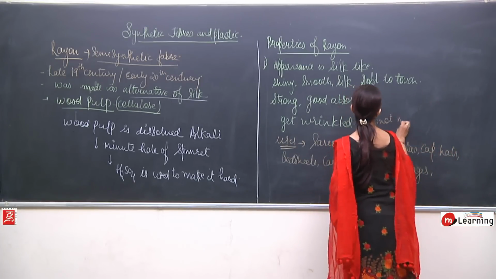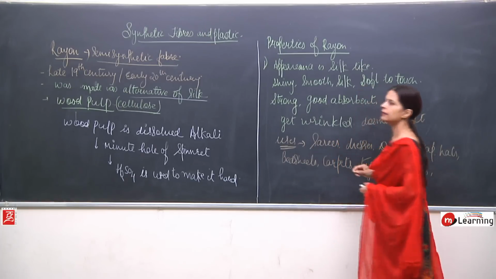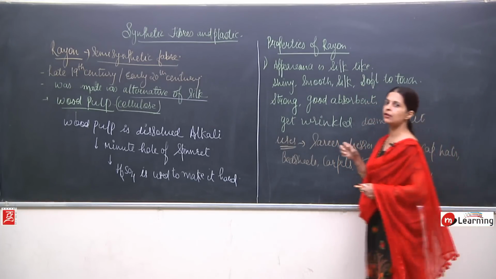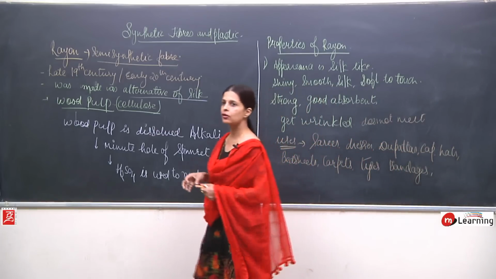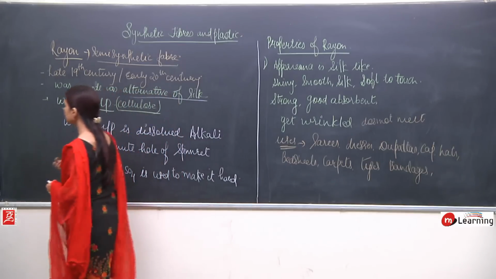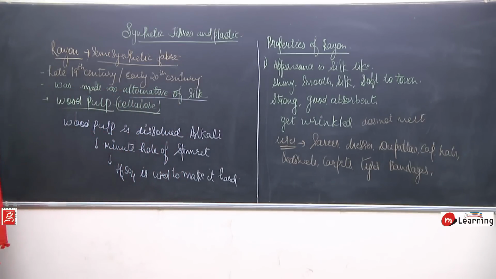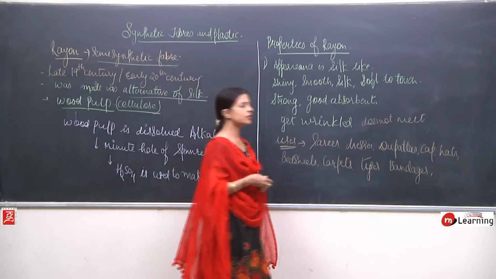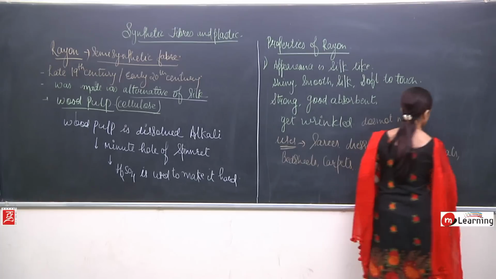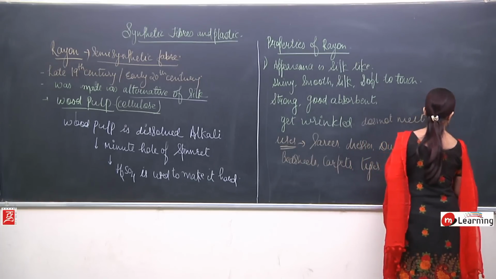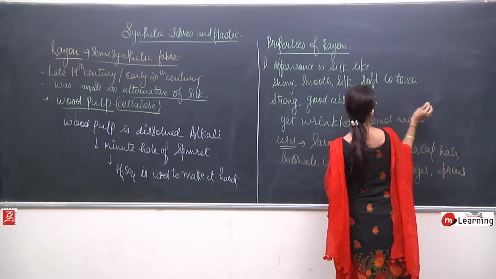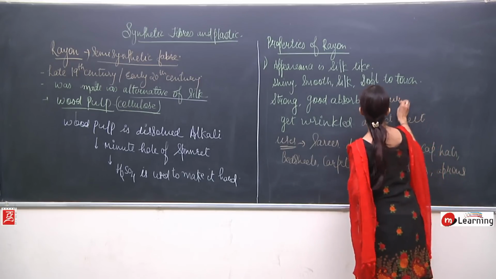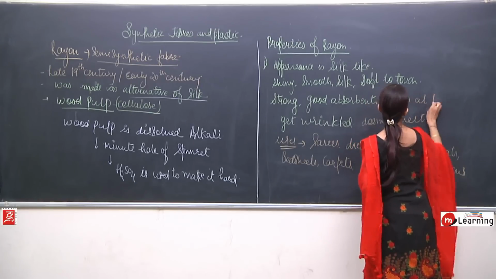It does not melt, and that is the reason it is used for bandages, and also in tires, tire cords, and there are certain other uses also, like even in the aprons which are basically used in kitchens. It is used in aprons as it does not melt, and it burns at high temperature.